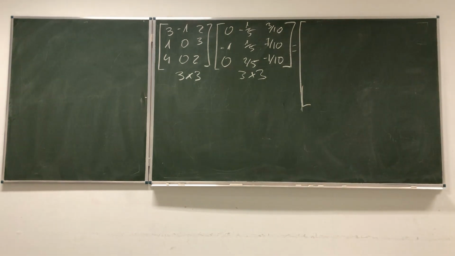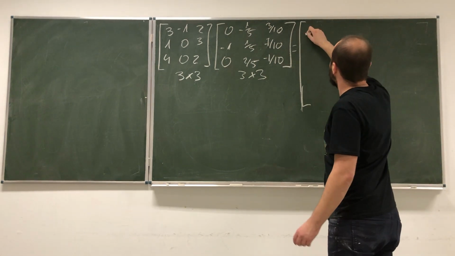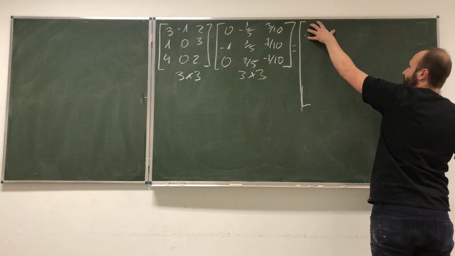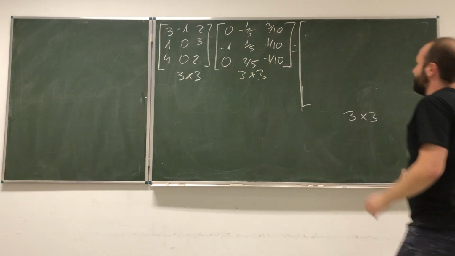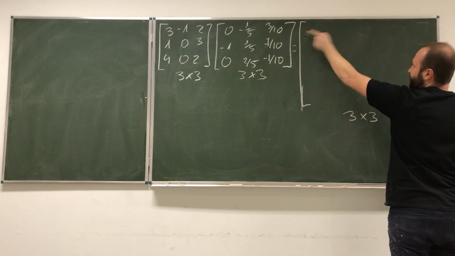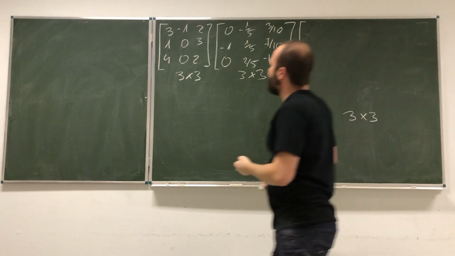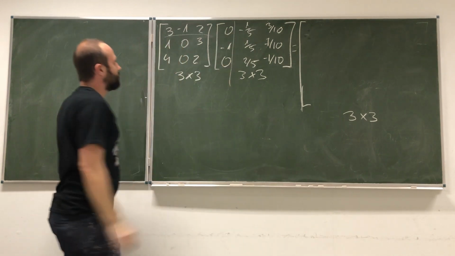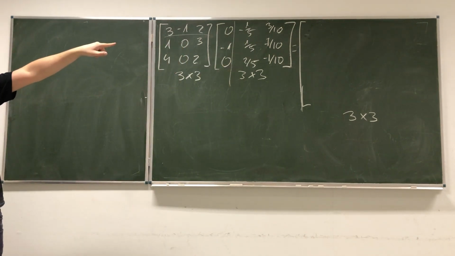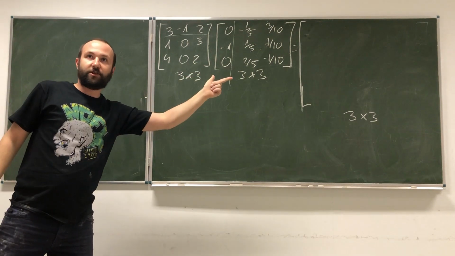Look, let's go element by element. First we need to look at this element of a new matrix that will also be of dimension 3 by 3. So we want an element that lies in the first row, first column. So I'm going to use first row, first column, right? This element lies in the first row, first column.